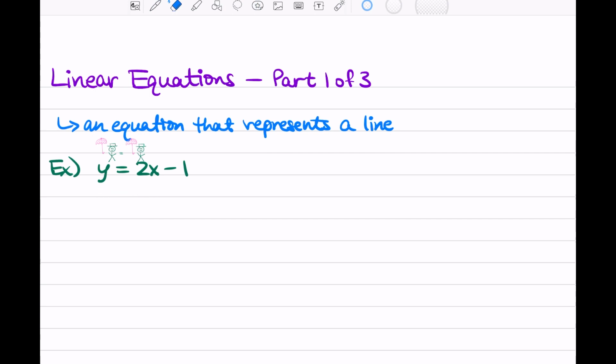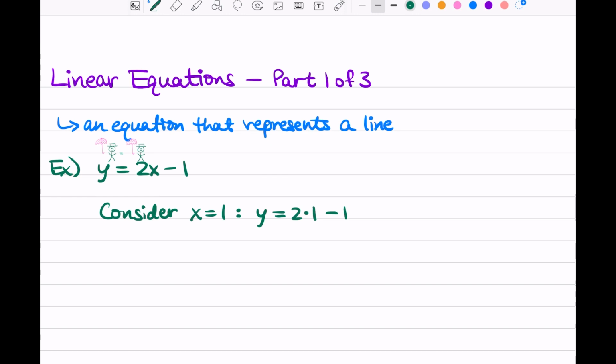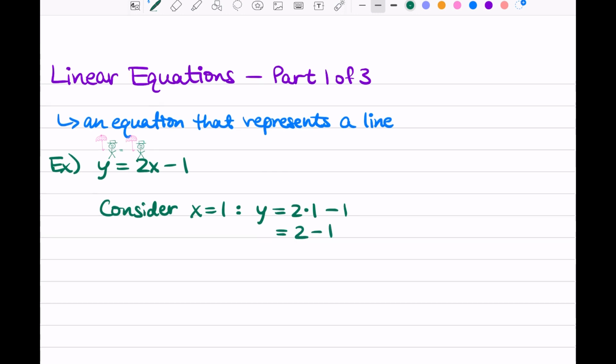How about we just play with this? Let's see what we learn. Let's say we took off the mask for x and we found out x equaled 1. Then what would y equal in that case? Well, using our equation, y equals 2 times our x, which is 1, minus 1. 2 times 1 is 2, and our answer is 1.